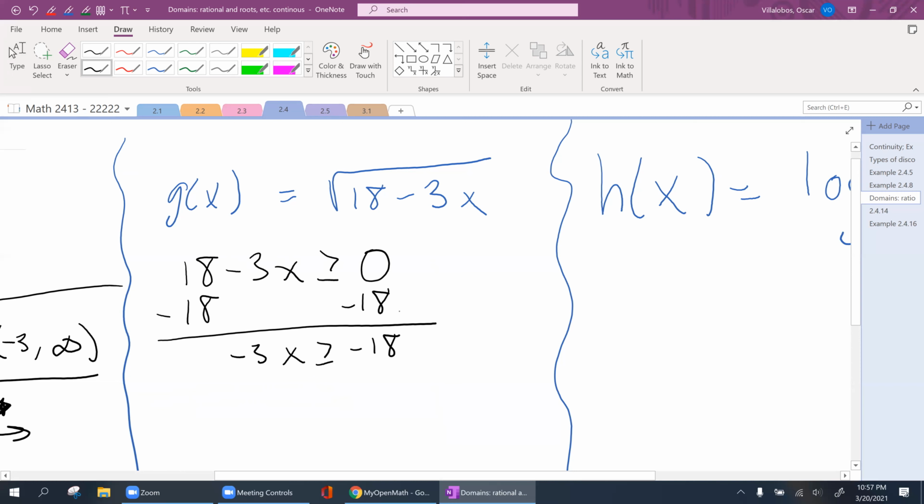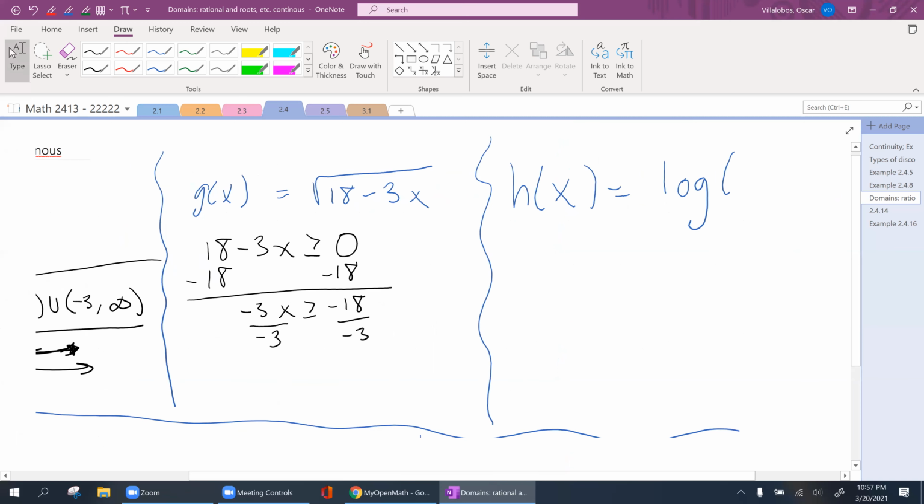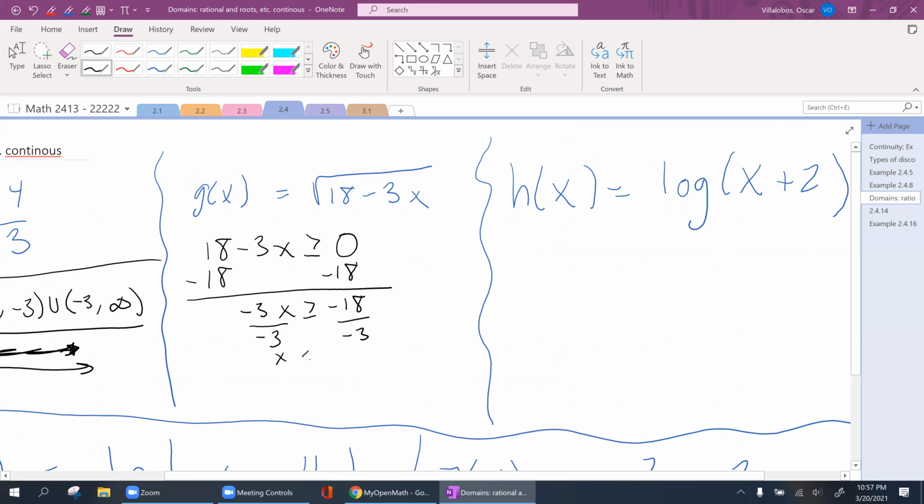If you remember, when you divide by a negative value, your inequality flips. So x is less than or equal to 6.